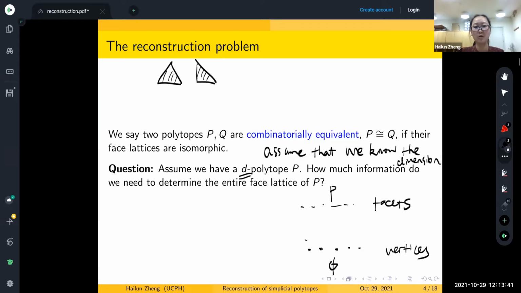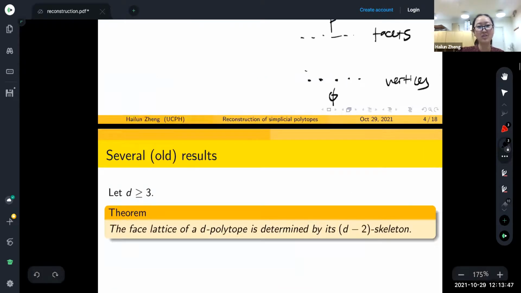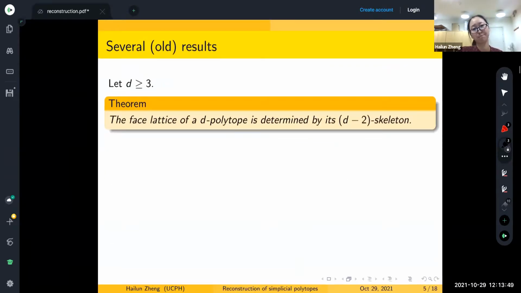So in general, this question could be pretty hard because I think the only general result that we know is the following. Let's assume that the dimension is greater than or equal to 3, okay? And then the only general result that we know is actually the following. The face lattice of a general D-polytope, not necessarily simplicial or simple, is determined by its (D-1)-dimensional skeleton.